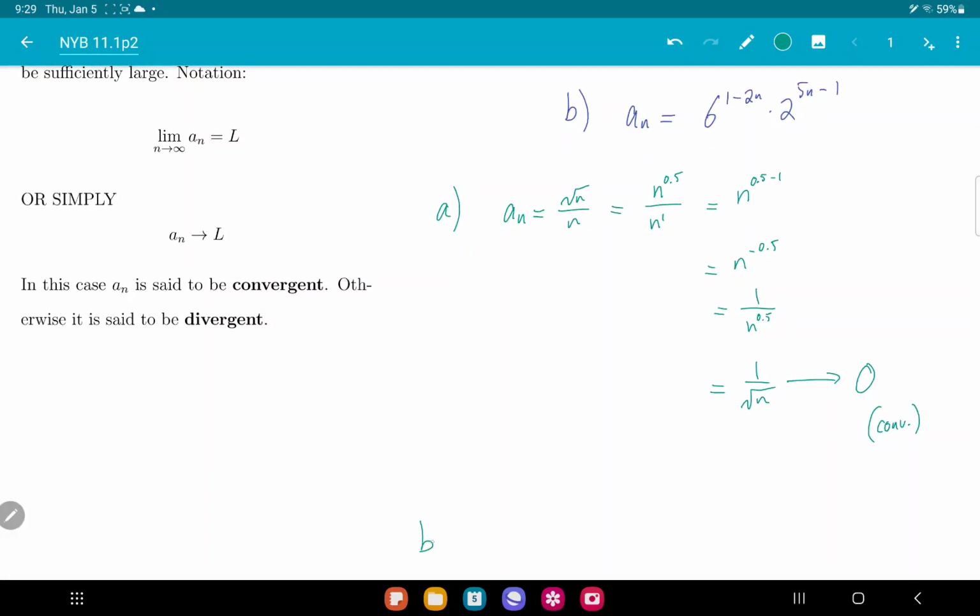Okay, B. Let's just copy it out again. Okay. So this is one where I'm going to have to simplify again.